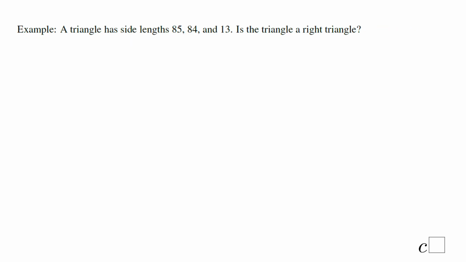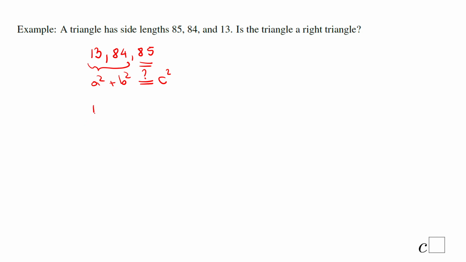So let's see this example where we have three sides, and I will go with this order: 13, 84, and 85. These ones are the shorter and this one is the longest. So now we have a squared plus b squared. Is that equal to c squared? If that works, then we have a right triangle.